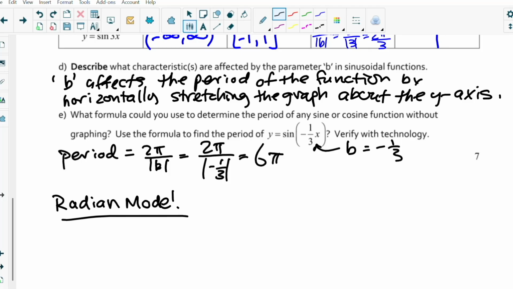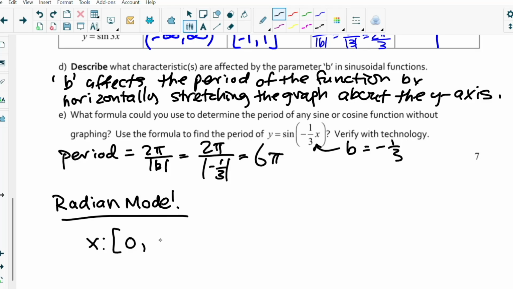When we graph this, change your window settings. You're in radian mode. Your x min should be 0. X max, let's go all the way to 12 pi.